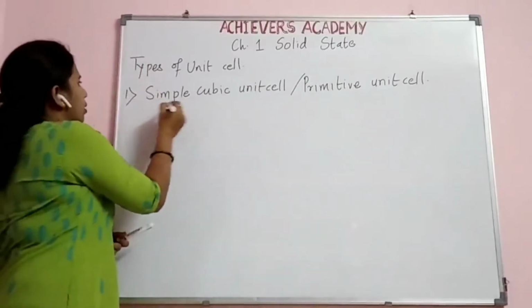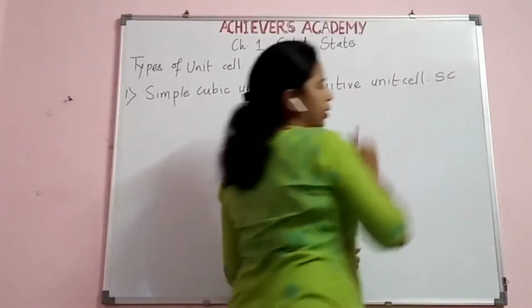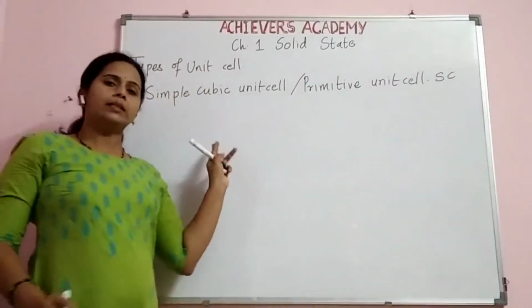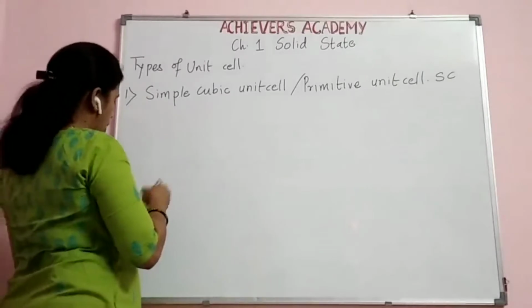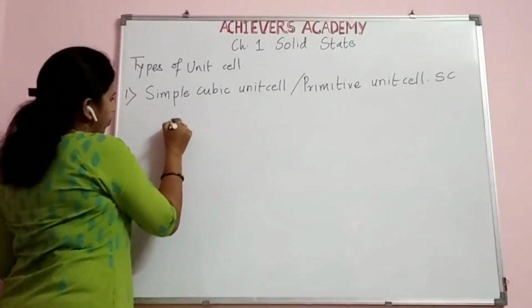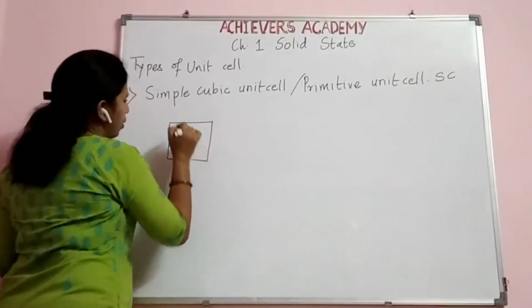It is symbolized with SC, meaning simple cubic. Now let's see the diagram of this. We will first draw a cube.